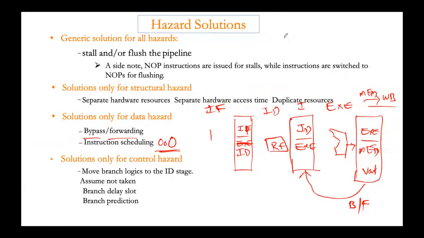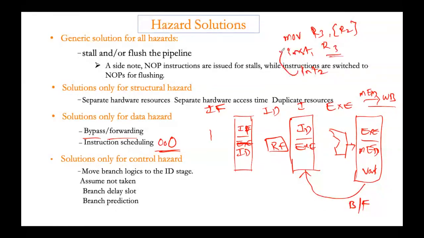That is another solution we have seen in one example in the previous slide, moving the R2 value to R3. If instruction 1 is using R3 and instruction 2 is not using the R3 value, then we just swap them into the second and third stage. So that is the out of order instruction solution we have seen.